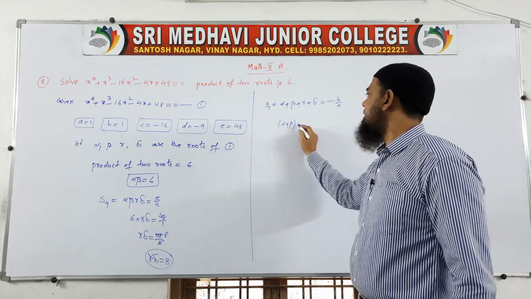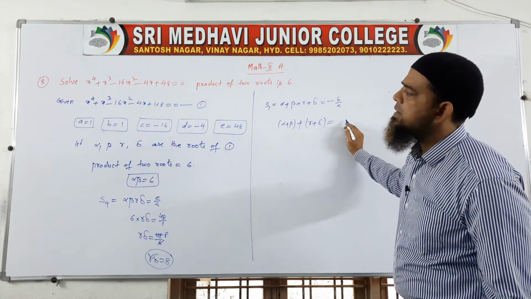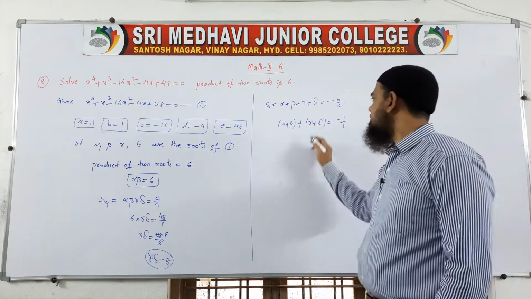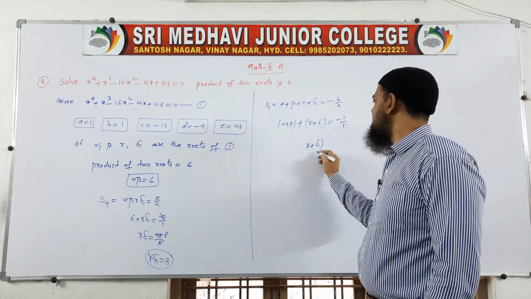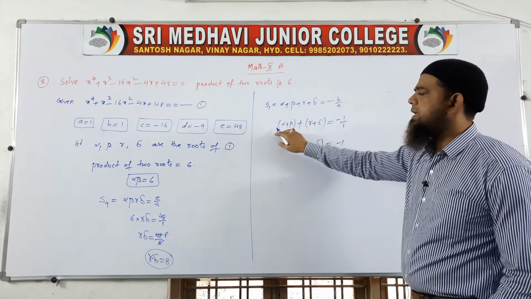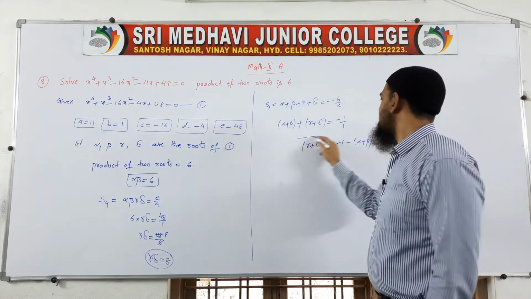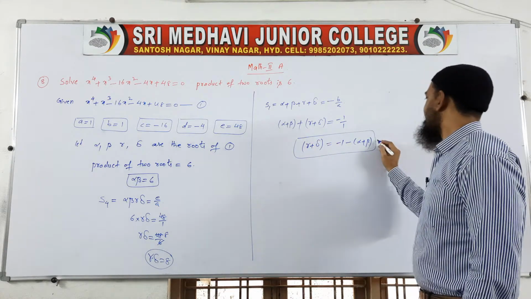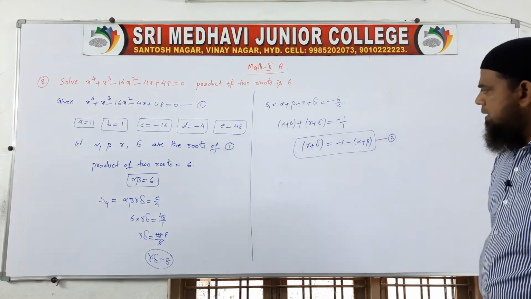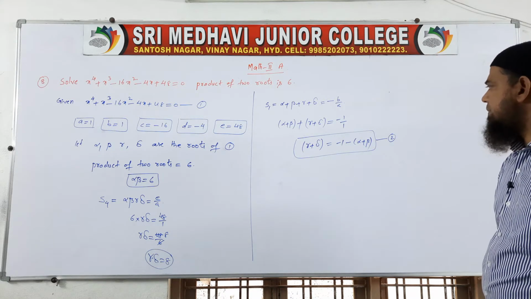Keep alpha plus beta in the bracket plus gamma plus delta in the second bracket is equal to minus B by A. B value is 1, A value also 1. So minus 1 by 1, that is nothing but minus 1. From this I want the gamma plus delta value. Gamma plus delta is equal to minus 1, taking alpha plus beta to the RHS side, so minus of alpha plus beta. This is the value of gamma plus delta. Take it as equation 2. Okay children, gamma plus delta is equal to minus 1 minus of alpha plus beta.